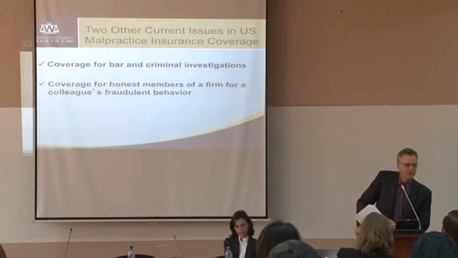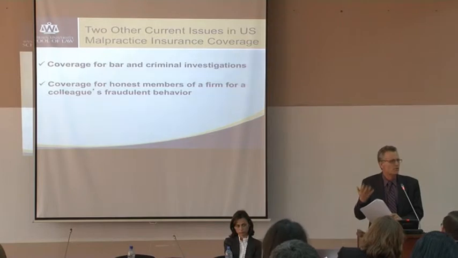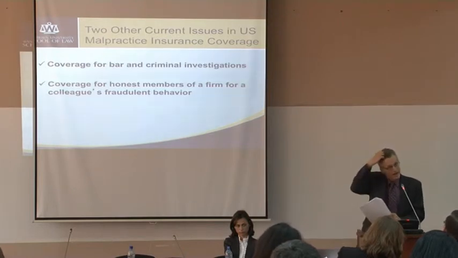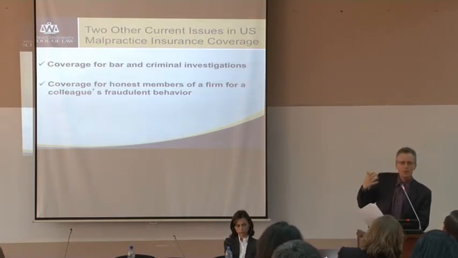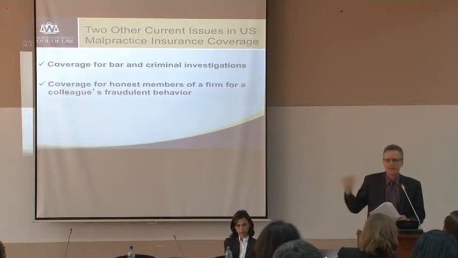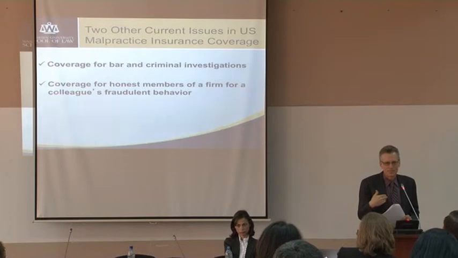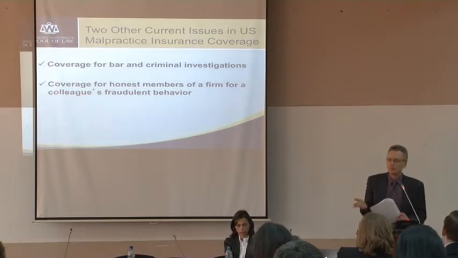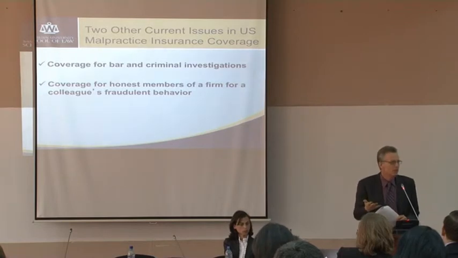The other big issue that becomes a question is, you saw that exclusion for when a lawyer lies, for what we call fraud. What about if you are an honest member of a law firm and your law firm is sued because one of your partners was engaged in fraudulent behavior? That issue is still unresolved; in the American courts, there's not a clear resolution.